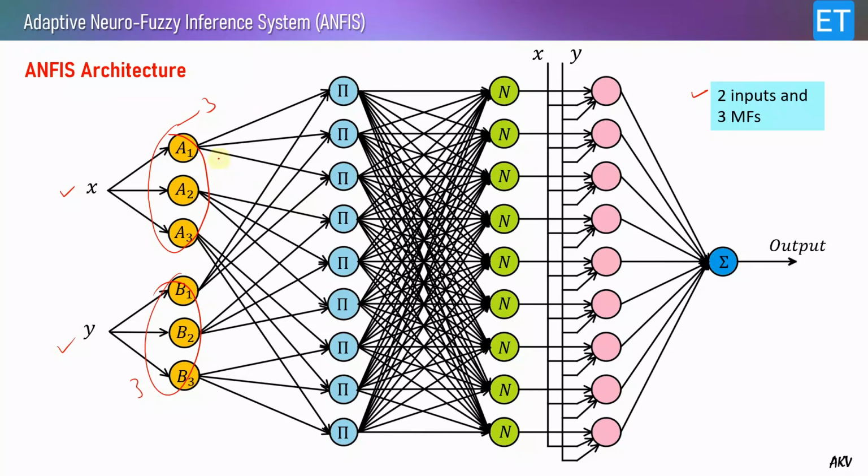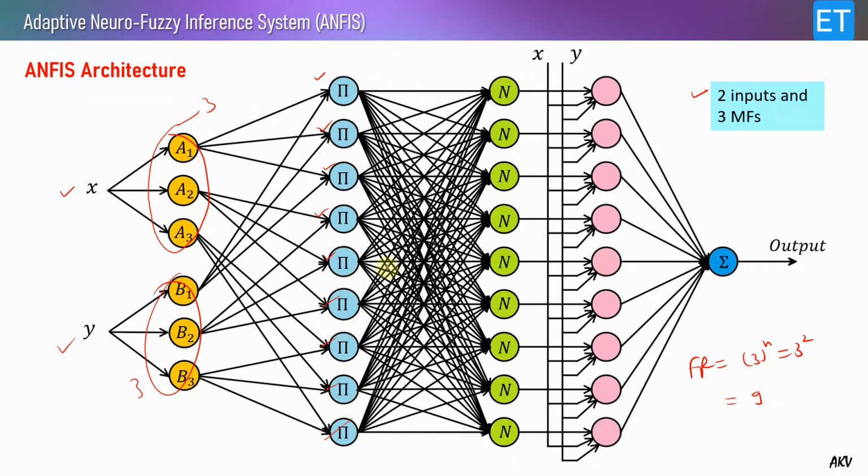So when the membership functions are increased, you can see the complexity has increased. So how many rules are there? So fuzzy rules are membership functions power number of inputs. 3 power 2. So that is 9. So obviously we have the 9 rules, 1, 2, 3, 4, 5, 6, 7, 8 and 9 fuzzy rules.